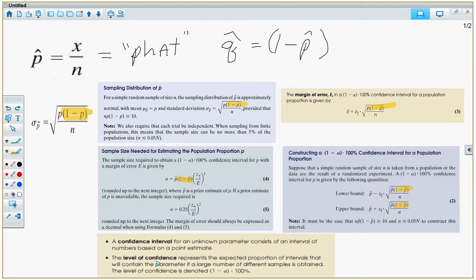It's always been called the confidence level. The confidence level: I am 95% confident that 60 to 75% of the population will do this. Why? Because I've got a 95% confidence level on the sample.